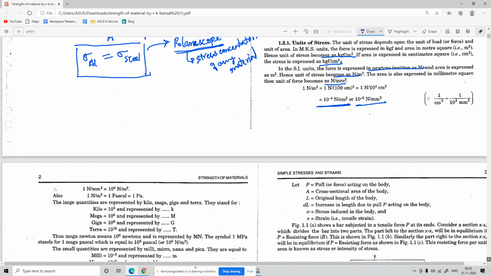Please note down these notations, and it can be written vice versa. Then 1 Newton per mm square equals 10 power 6 Newton per meter square, or 10 power 6 Pascal. Now can I say 10 bar, because 10 power 5 Pascal represents 1 bar.